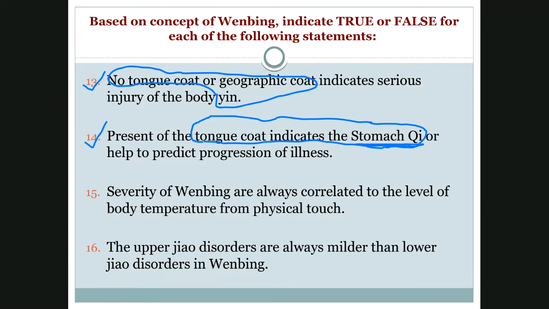Now, number 15, severity of the Wenbing suffering are always correlated to the levels of body temperature from physical touch. There's very, very dangerous situations clinically.